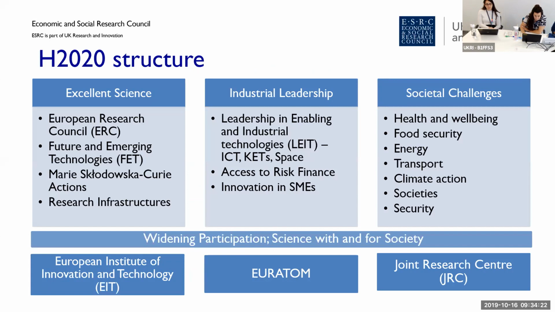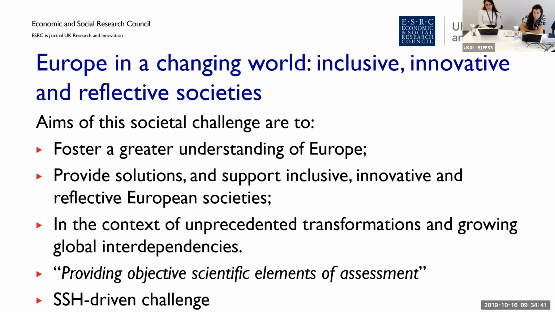This, for most of you, will probably be familiar. This is the Horizon 2020 structure. There are the three main pillars you can see there. I'm going to start off by talking about Societal Challenge 6, which you can see on the right-hand side in the Societal Challenges pillar. So this is Europe in a Changing World, Inclusive, Innovative and Reflective Societies, which is why it often gets shortened to Societal Challenge 6.